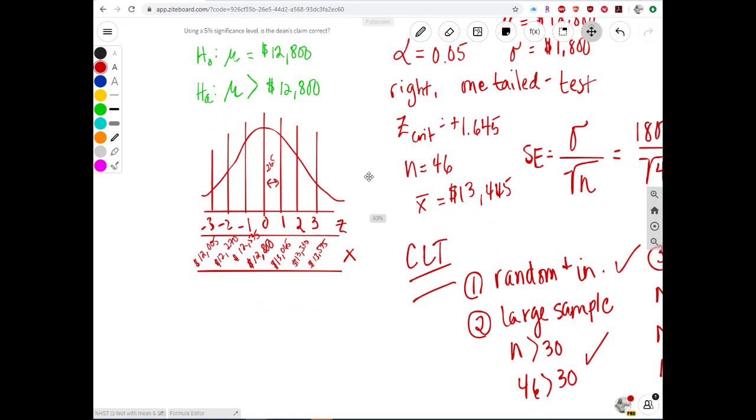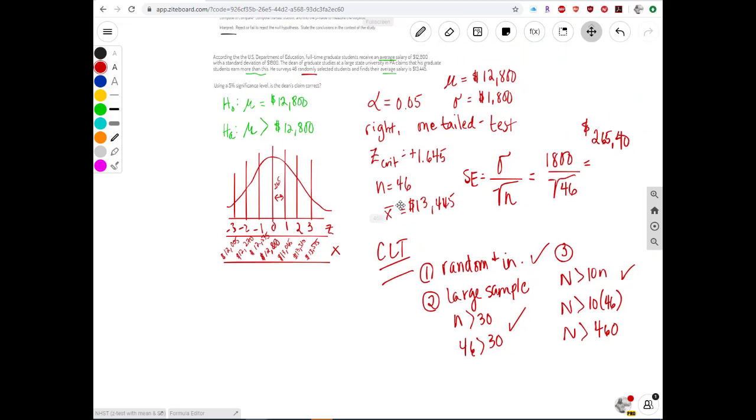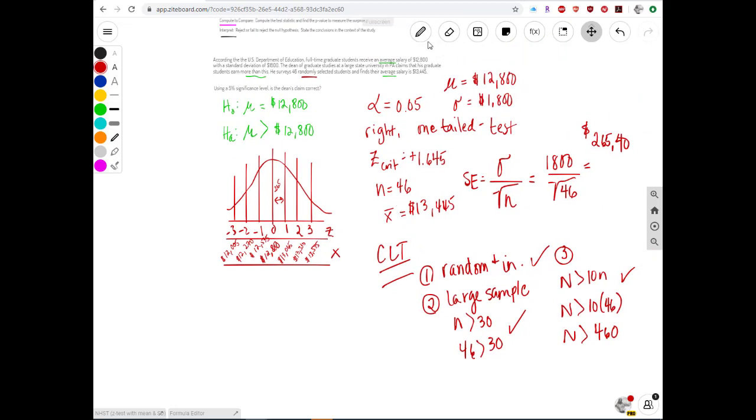Okay, so let's mark the areas of rejection and the areas of retention. And I'm going to mark that in blue just like I did the other day. Okay, so my ZCrit is positive 1.645. So positive 1.645 is going to be right here. And if a Z obtained is larger than positive 1.645, so this area right here, I'm going to reject.